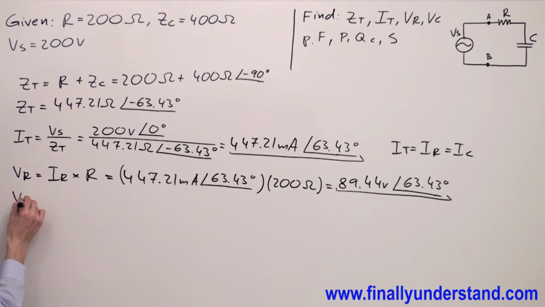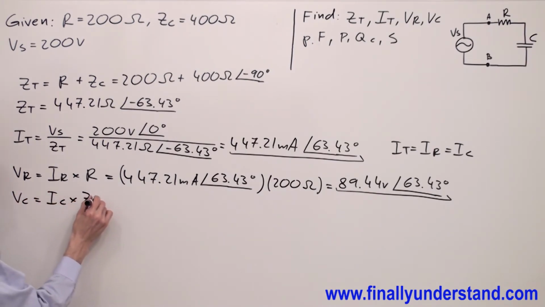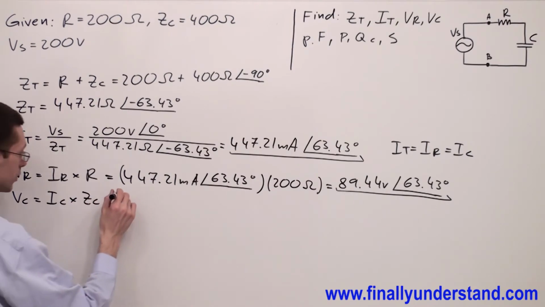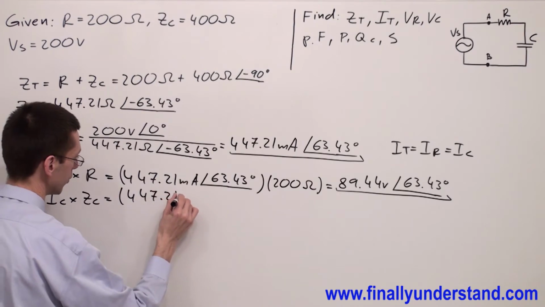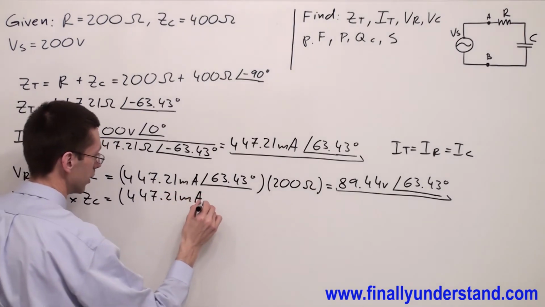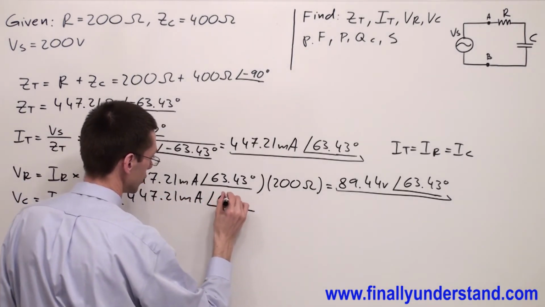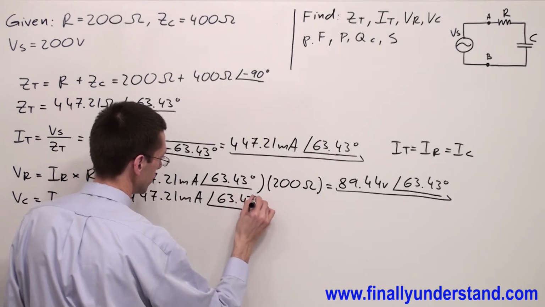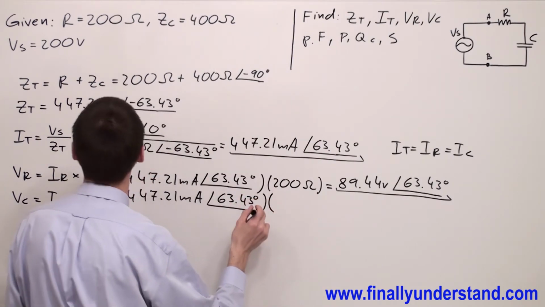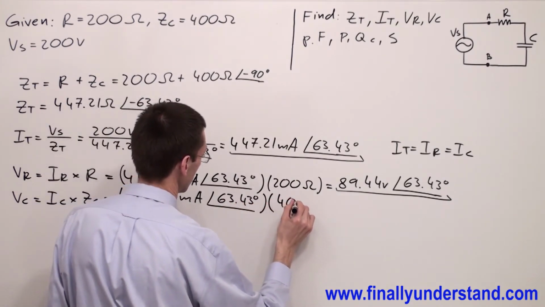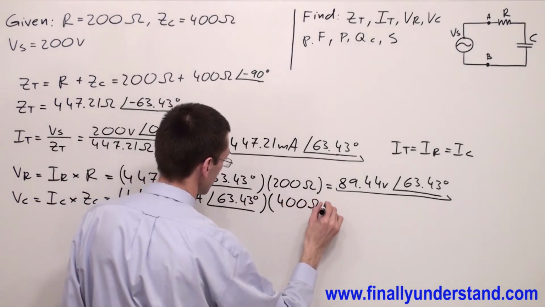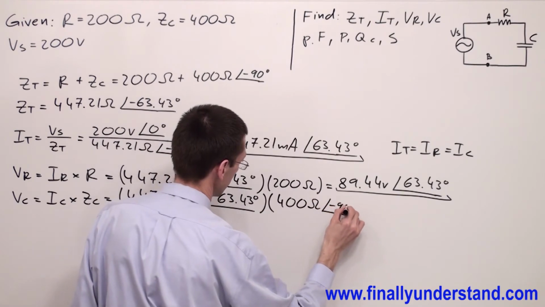Voltage across the capacitor is equal to IC times Z of C, where IC is equal to 447.21 milliamps, an angle of 63.43 degrees, times Z of C, 400 ohms, an angle of negative 90 degrees.